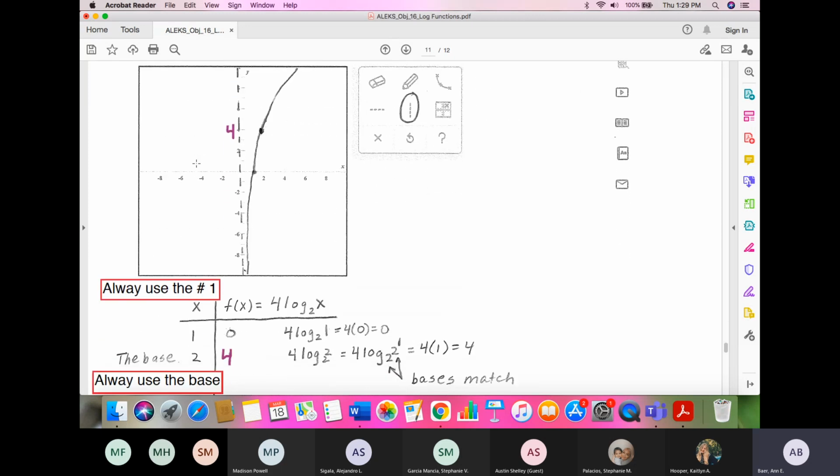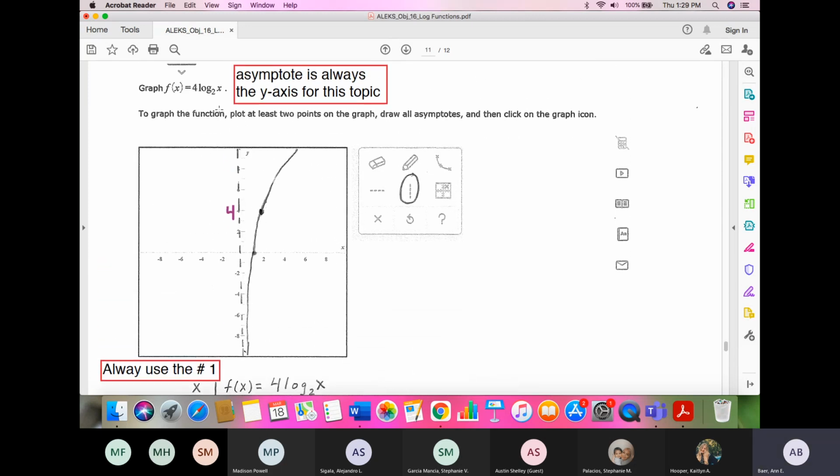What's the base here? The base of the log. It's 2. The reason why we're going to use the base is because we're going to take advantage of matching numbers, just like we did in the last topic. That's why we're picking these two.